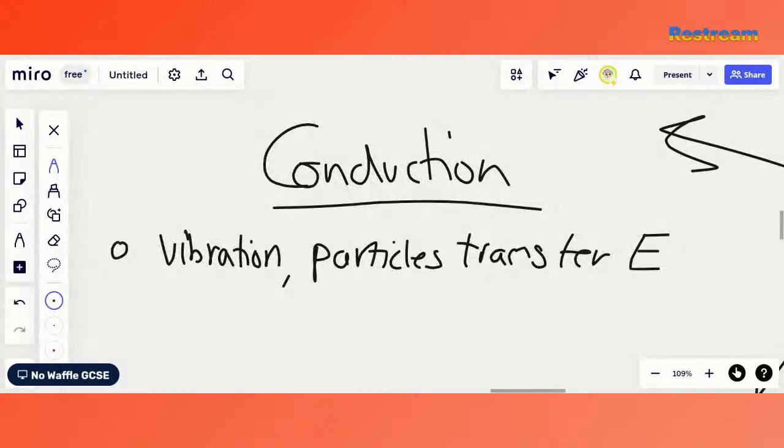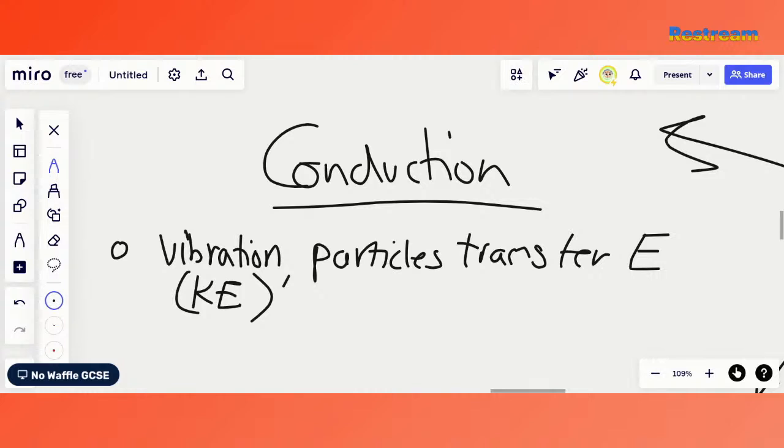Now, this energy is shared across the kinetic energy stores of the particles of the object. So although we're transferring thermal energy, vibration means kinetic energy of motion. The particles in the part of the object being heated vibrate more and collide more with each other. These collisions cause energy to be transferred between the particles' kinetic energy stores.